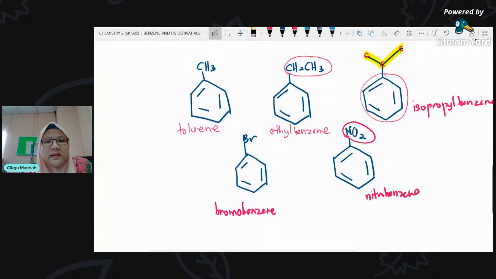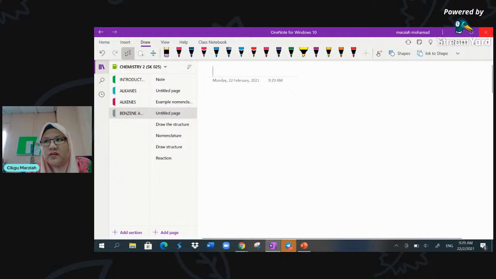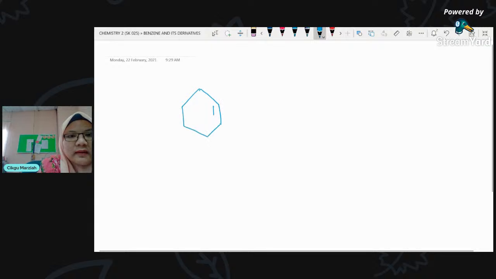Okay, next kita nak tengok benzene with 2 substituents, 2 or more substituents. Okay, kalau kita ada 2 or more substituents, dia ada 2 situation. Either dia ada dalam list of the compounds tu or not. Okay, I give you a few examples. So I will draw the structure first. Sambil-sambil tu kalau you nampak, you boleh cuba namakan.